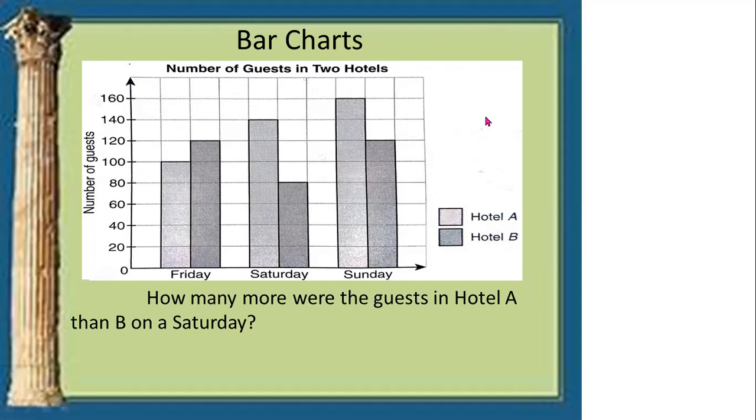Okay, so let us try to see. Hotel guest in A is 140. All right. And hotel B is 80. So therefore, 140 minus 80 equals 60. All right, that's correct.